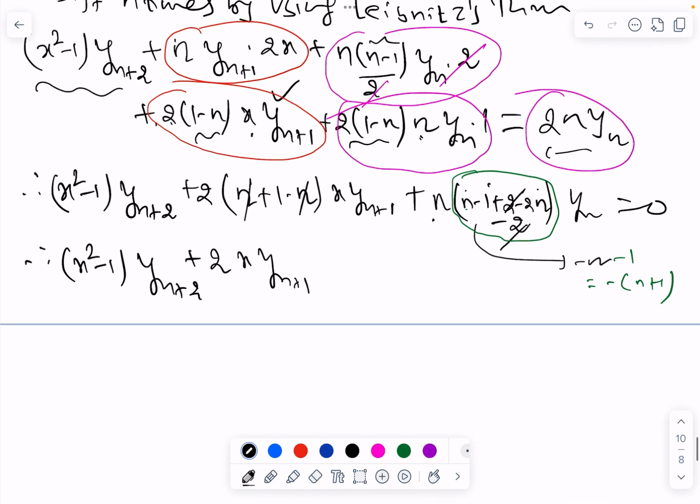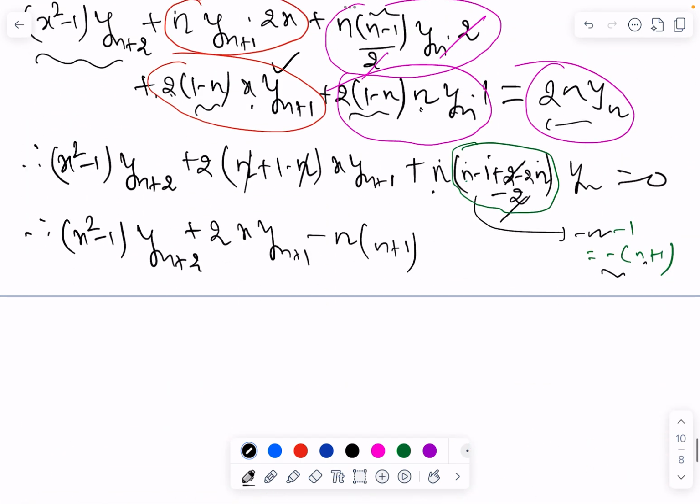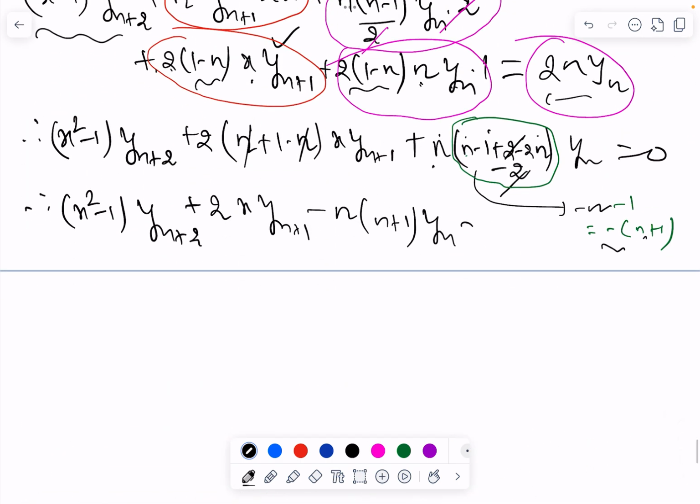Then the sign is minus here. So minus n(n plus 1) y_n equal to 0. So last step you need to just little simplify. So in the next video we shall take some more examples. Thank you.